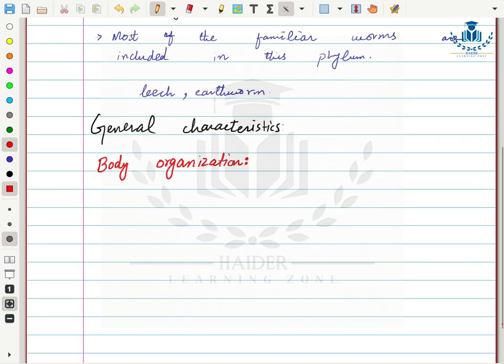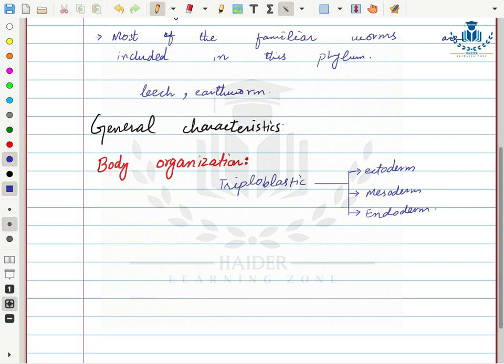Body organization. According to body organization, annelids are triploblastic, meaning they have 3 layers that are called germ layers, including ectoderm, mesoderm, and endoderm. And all the body structures are formed from these 3 major layers.